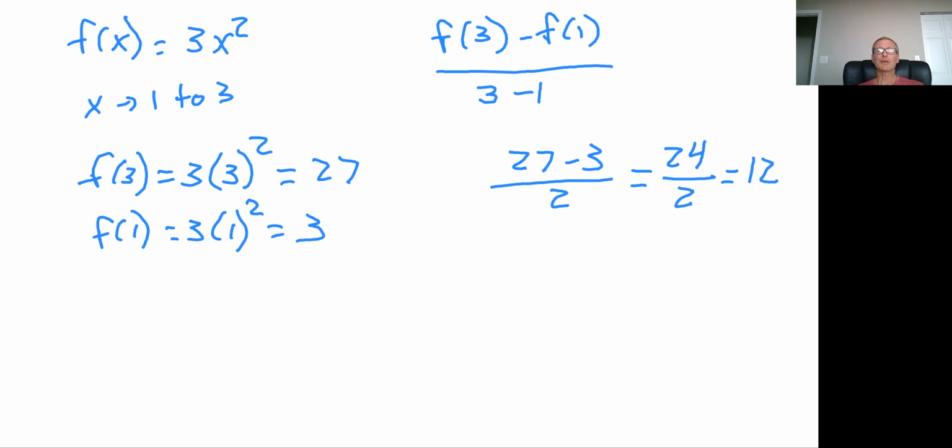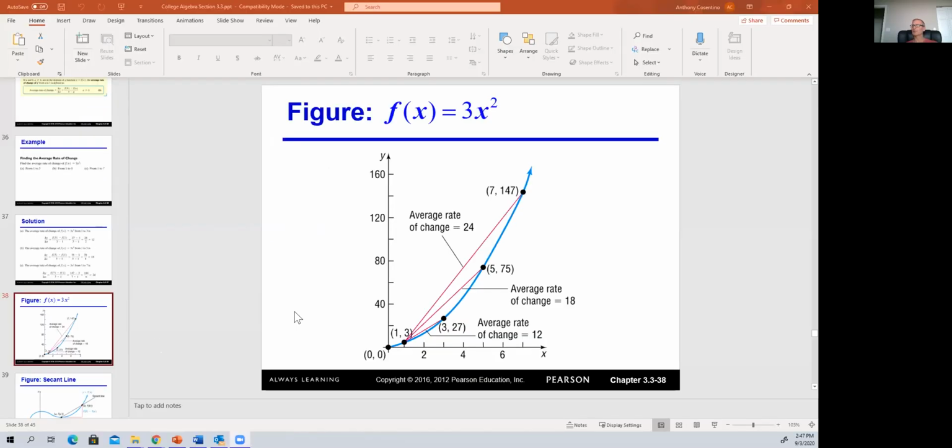So what does that mean if we graphed it? And I am going to use the slides to show you this because I need some different colors and it's a little bit easier to show you that. So here is a pretty picture of this. The dark blue line is the graph of 3x squared from 0 all the way to positive infinity with this arrow.